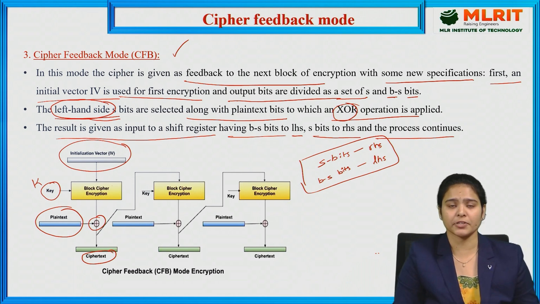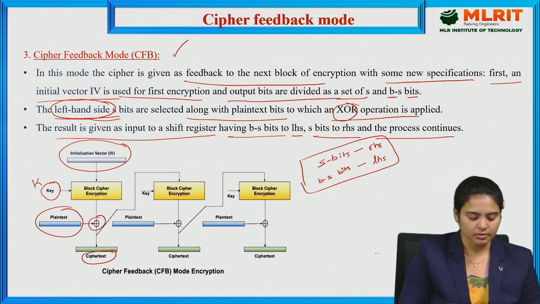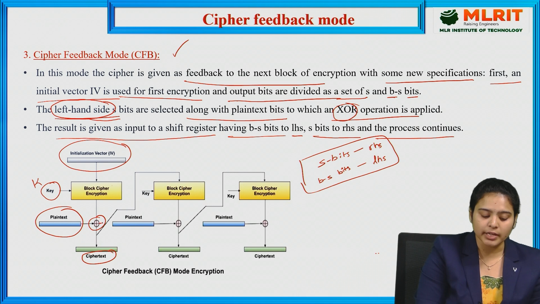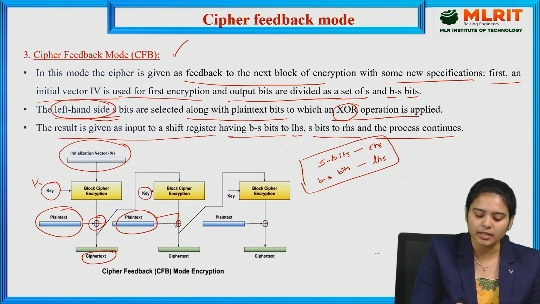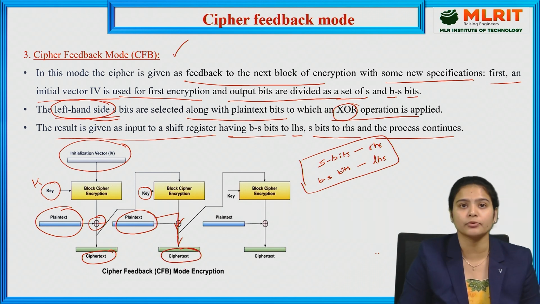The XOR operation is applied, and it gives the output of the ciphertext. The ciphertext of the XOR operation moves to the second block, which also contains the key K and the plaintext. The plaintext is again applied with the XOR operation, giving the ciphertext of 2. Like that, we continue to the end of the process.